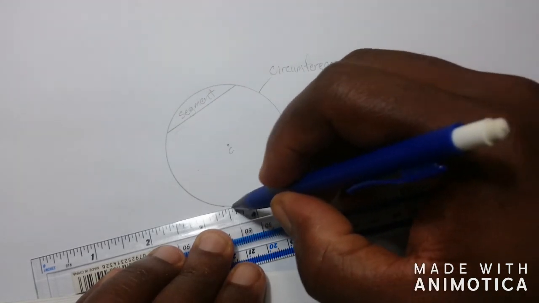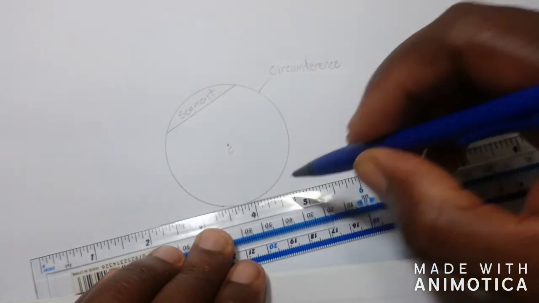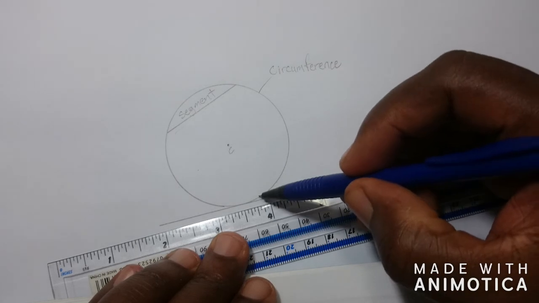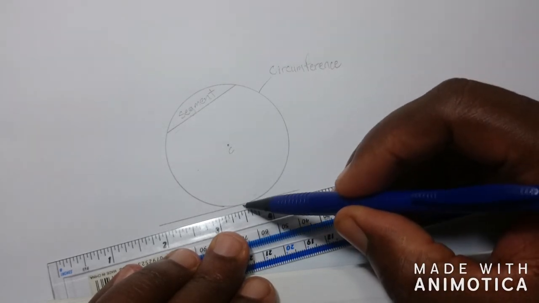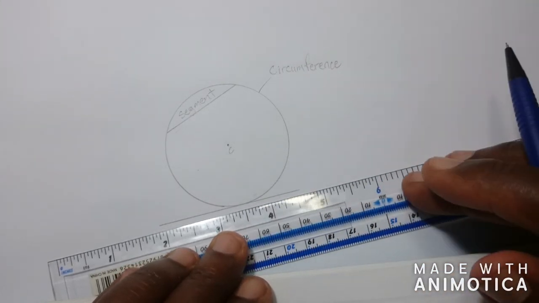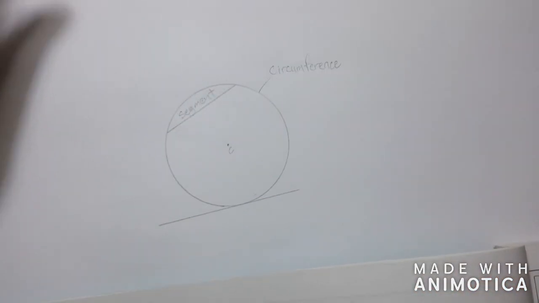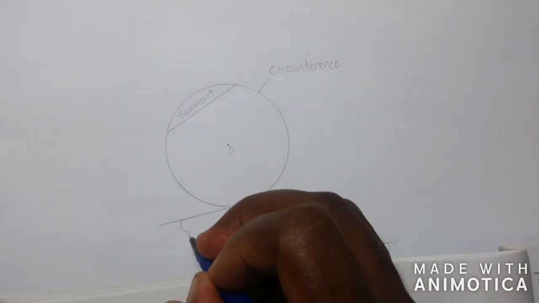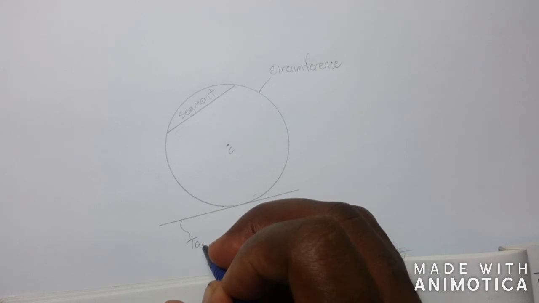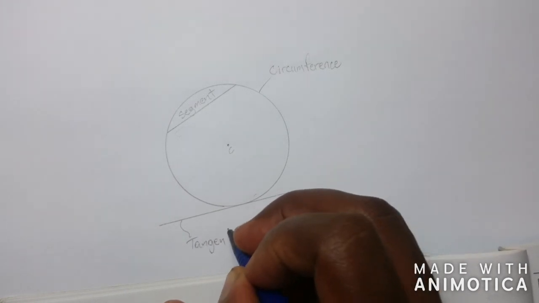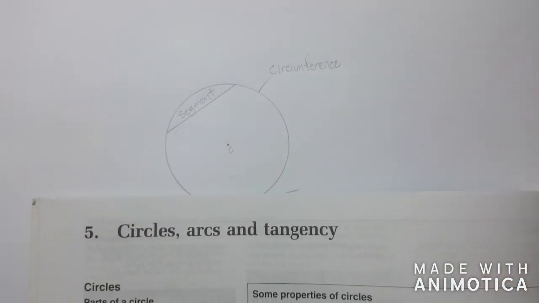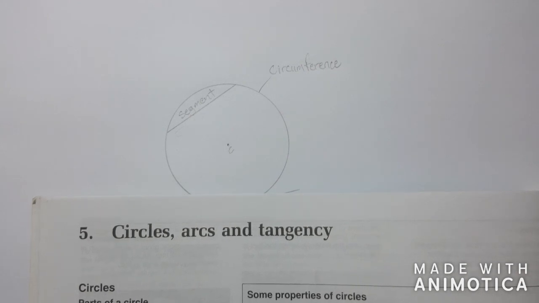Okay, and your tangent does not go inside of the circle, it just barely touches the outside of the circle. So this is called your tangent.